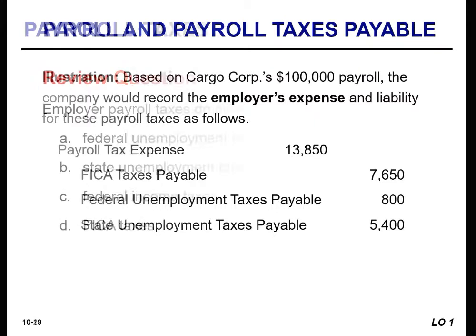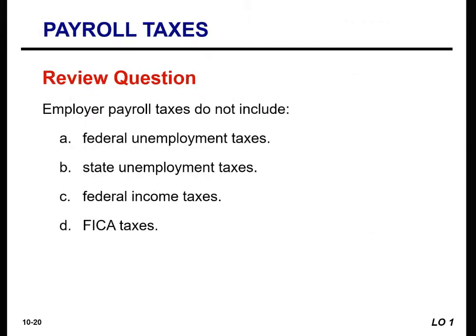So the employer payroll taxes, what do those not include? This is just the employer portion. And that is the federal income taxes. Those are withheld from the employees and remitted by the employer, but they're not an employer payroll tax.